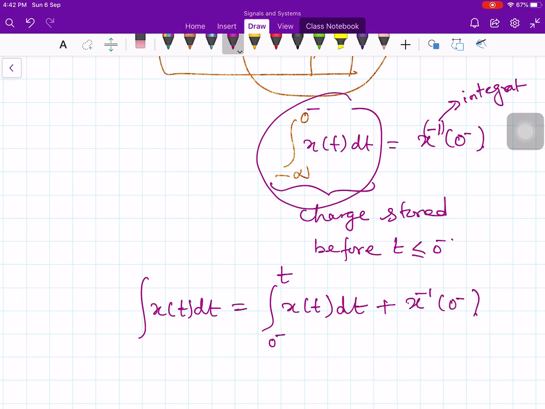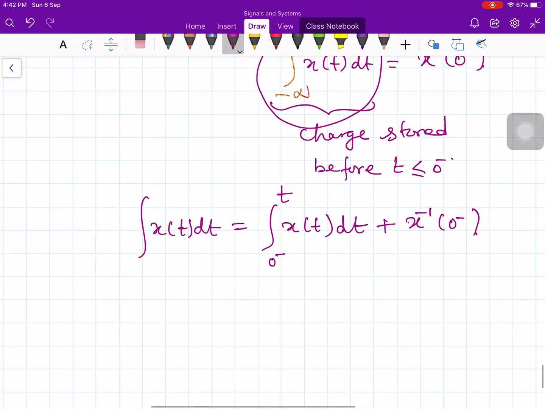This is the value of the integral between the definite limits 0 minus to t. So this is how we can put the indefinite integral in the form of a definite integral.